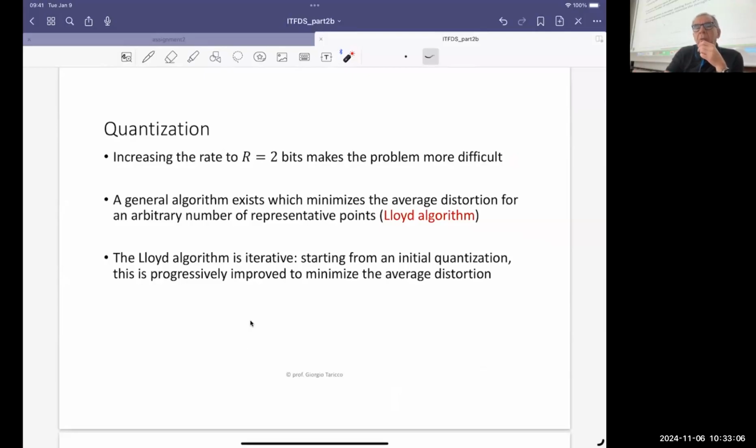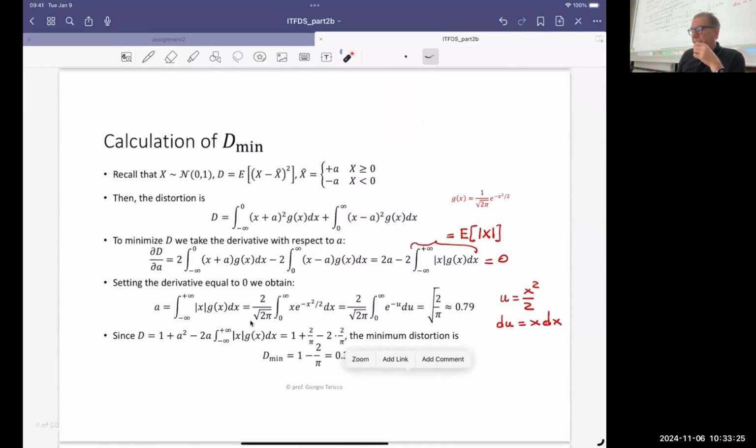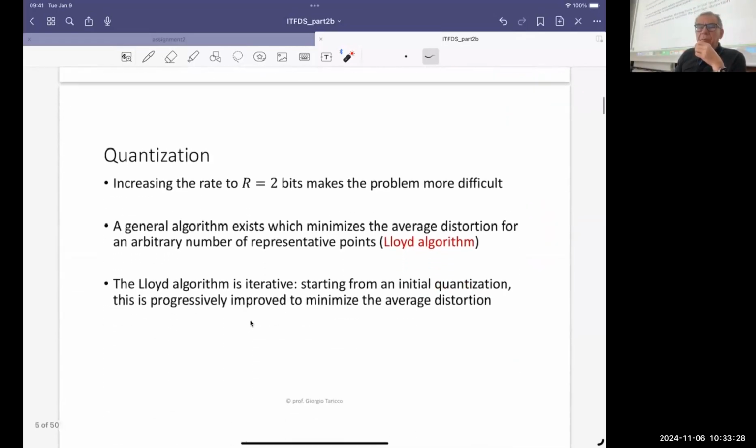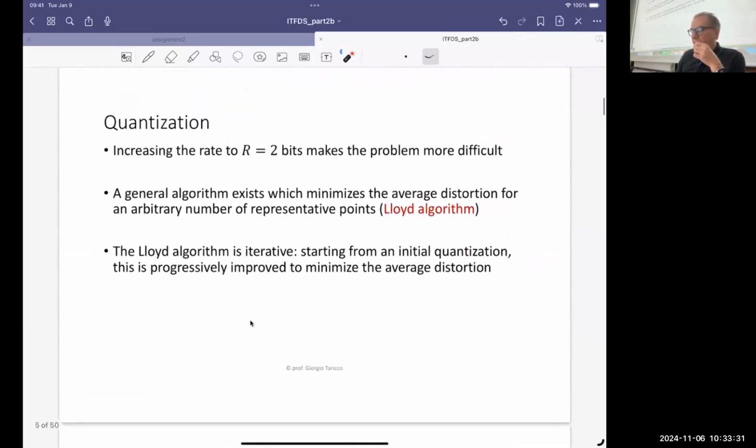However, we can find an algorithm that allows us to calculate the optimum quantization points, like in the previous case, the points minus A and plus A. Given the number of quantization points that we are looking for, which is related to R, because 2 to the R is the number of quantization points.